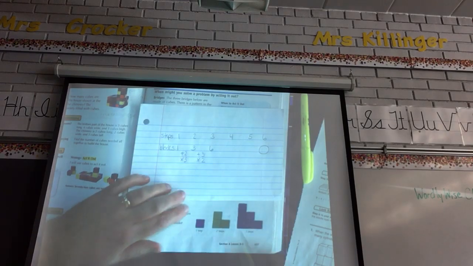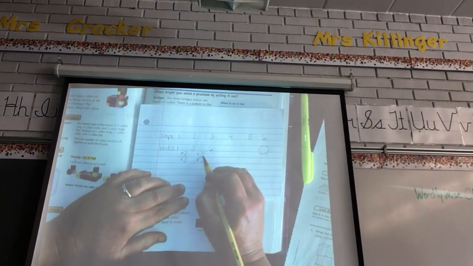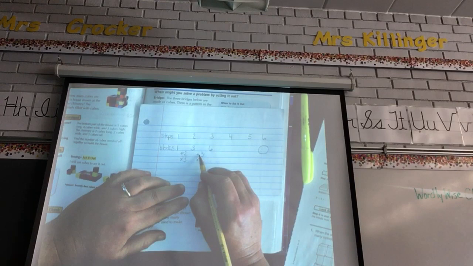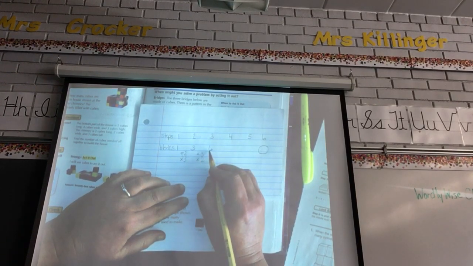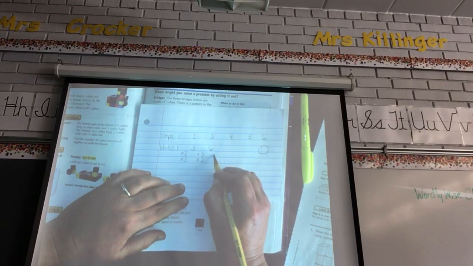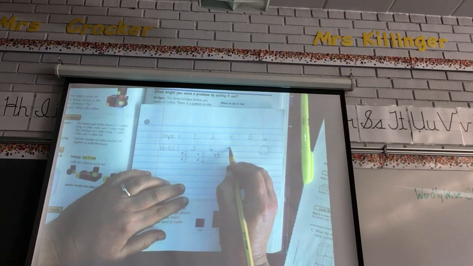Okay. Now, if I follow my addition pattern, I've added 2, I've added 3, now to 6, I will add 4, and it will give me 6 plus 4, a total of 10.